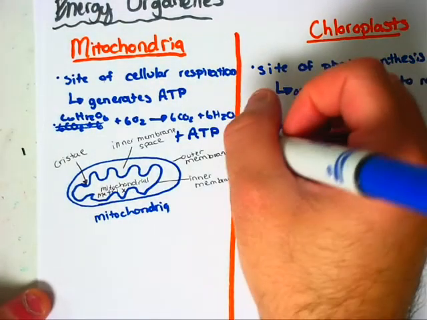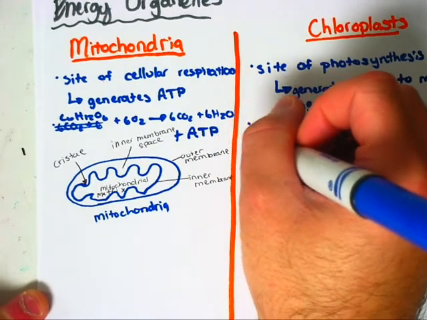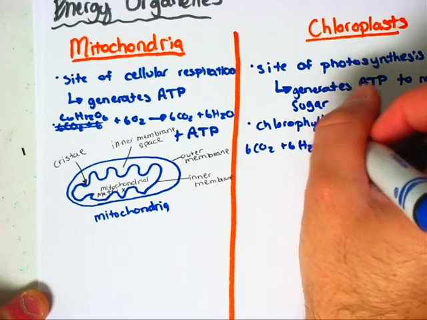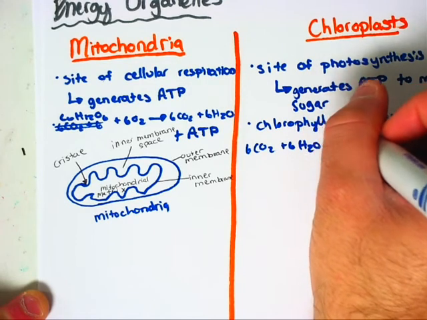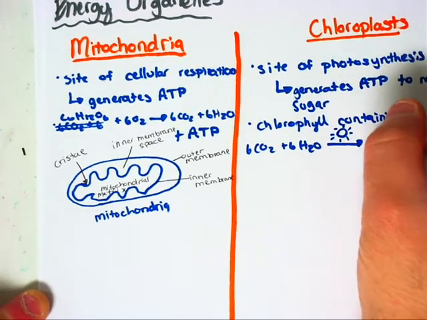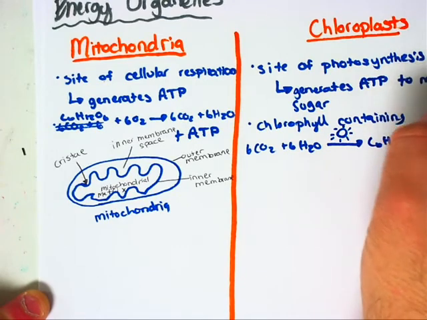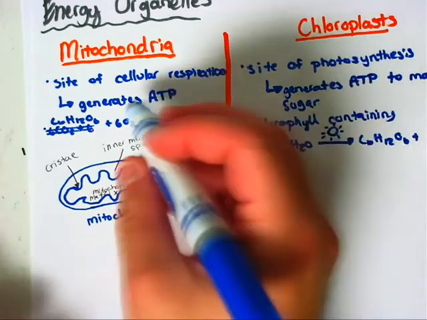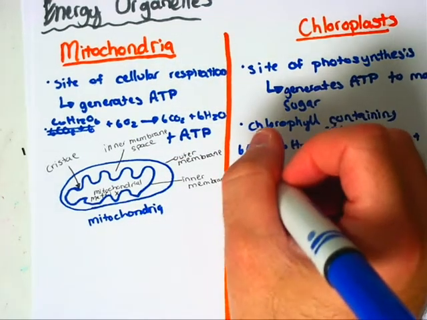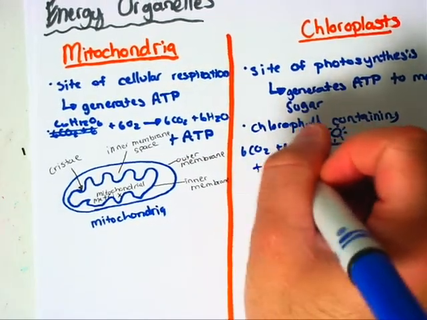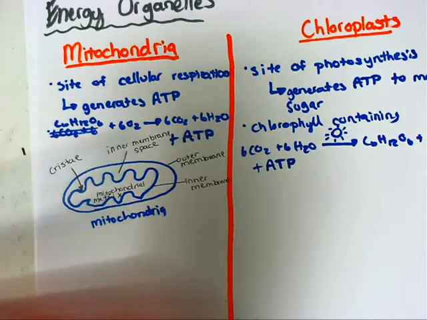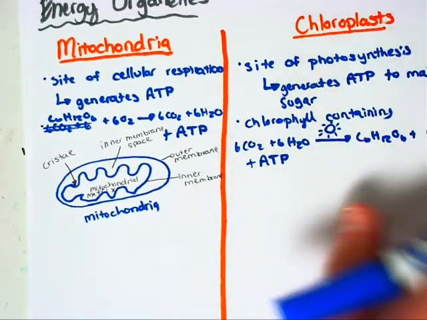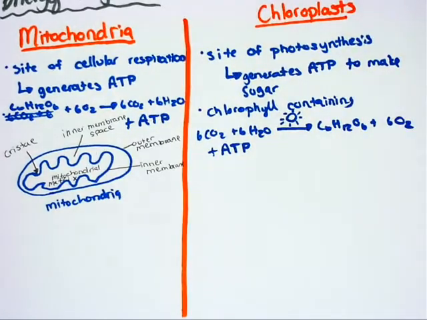And the reaction they're doing is the direct reversal of the one before: 6CO2 plus 6H2O, with the help of the sun, there's my little sun, can produce the glucose molecule as well as the oxygens. You can see the two reactions are direct reverses, which would mean you have to feed this some energy along the way. That's where the sun comes into play. The sun can facilitate the ATP needs to do this reverse reaction of the respiration reaction.